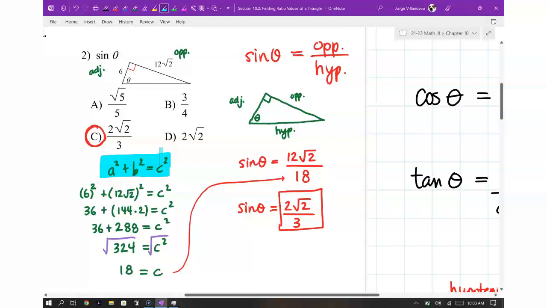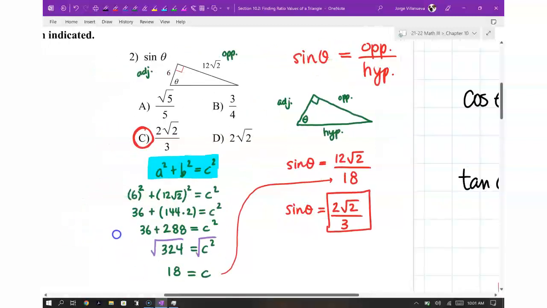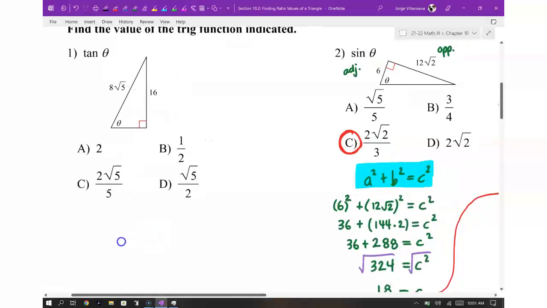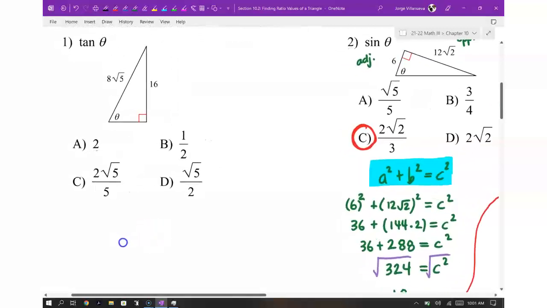Okay, if you don't have to use that piece, then the problems are a lot easier. So let's find a different one here. I think this one was a tangent one. And this one will require the Pythagorean theorem as well. So it's good that we practice that a couple times.